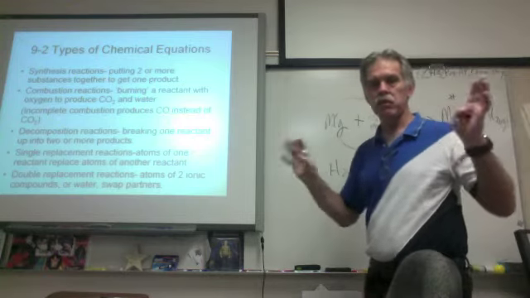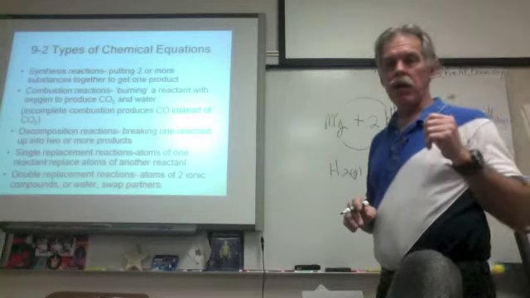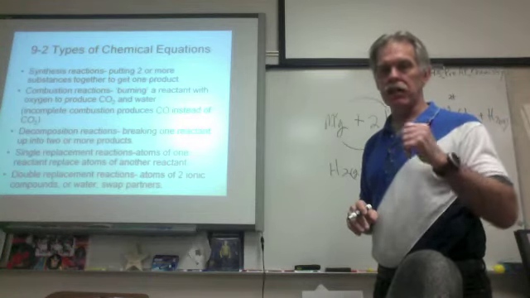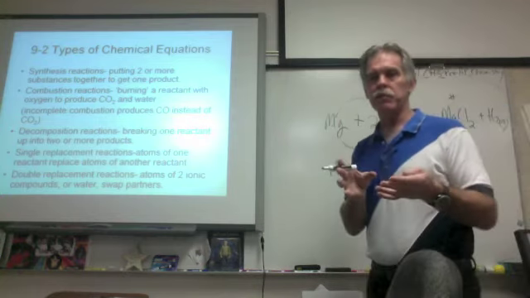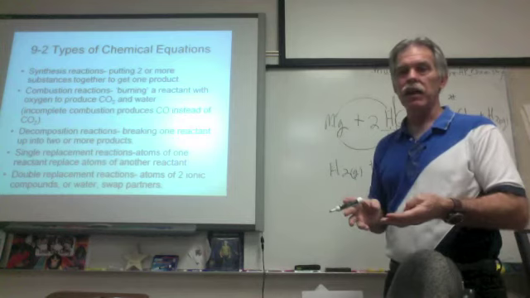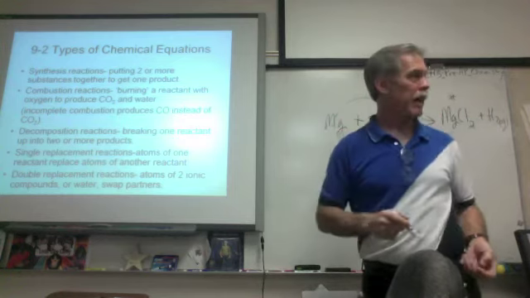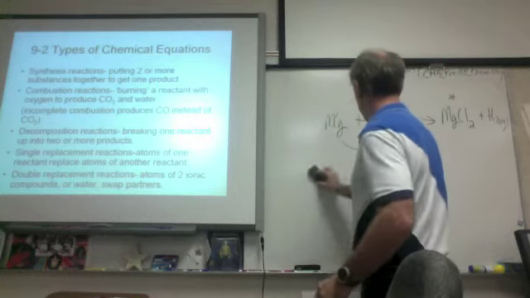There's no reaction type. Remember, the only reaction that uses the activity series is single replacement. There's a question on the test about double replacement. Does it use the activity series? And that's definitely a no. The double replacement reactions have different rules for how they react.